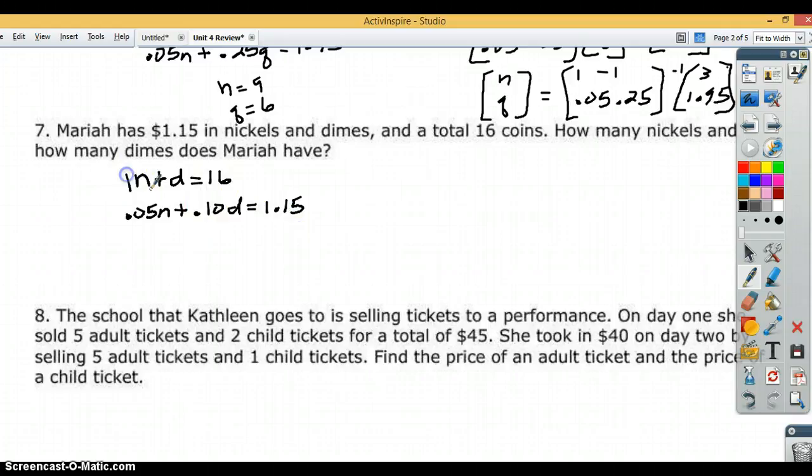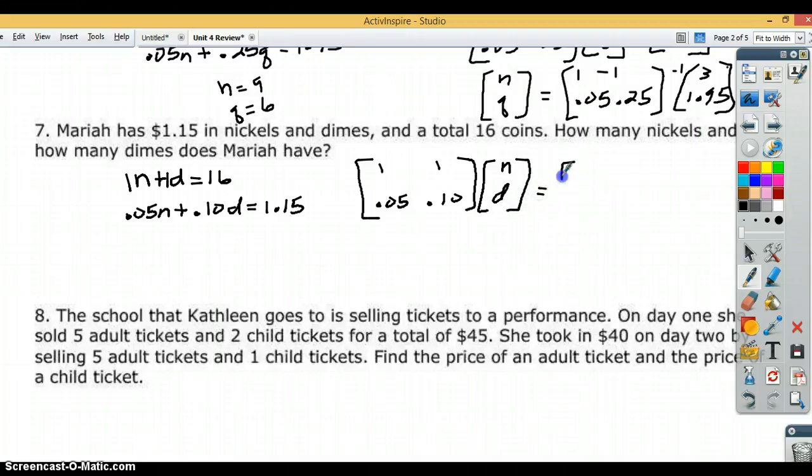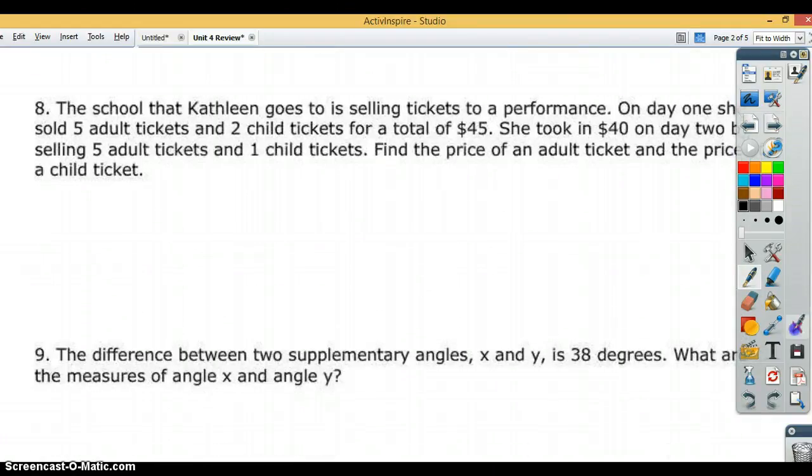So now that's a 1 and that's a 1. So our matrix would be 1, 1, 0.05, 0.10, nickels, dimes is equal to 16, 1.15. Alright, so you guys should be able to do that one on your own.